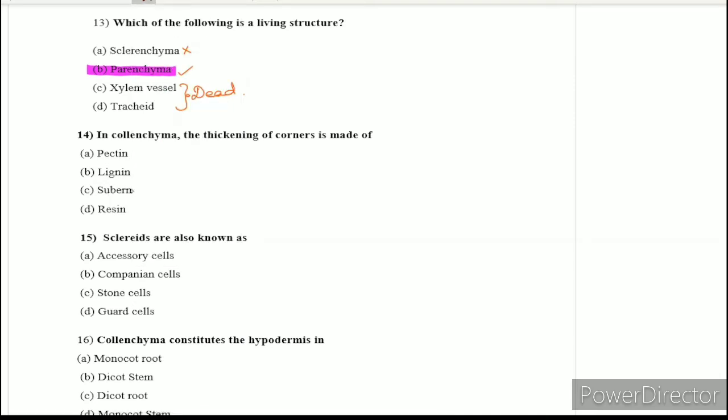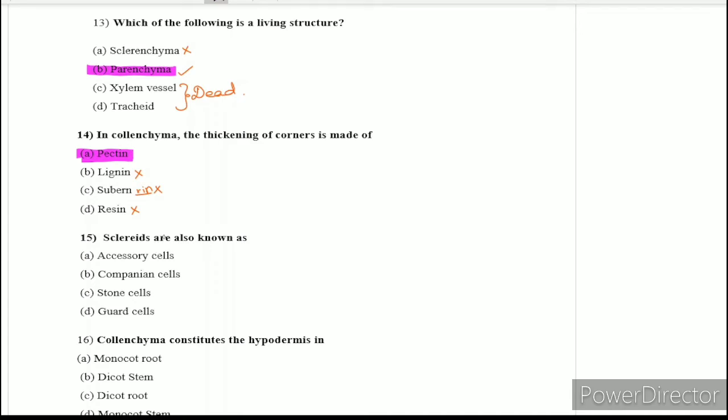Option B is wrong. Suberin is also wrong. And option D, resin, is also wrong. So the collenchyma cells have pectin. That is the correct answer.